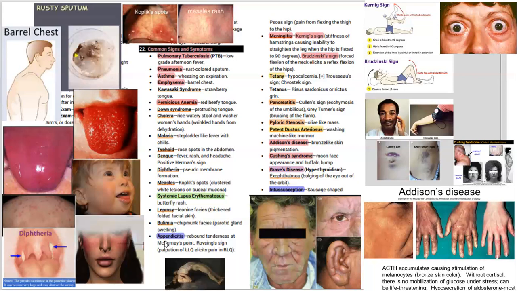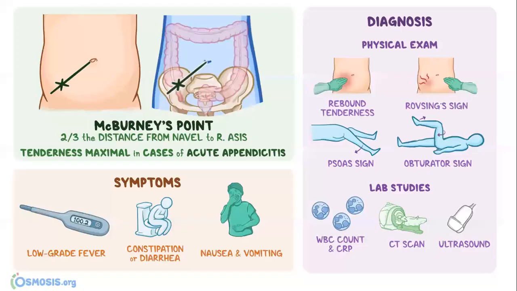Another disease is called appendicitis. Appendicitis is basically inflammation of the appendix. So if anybody has appendicitis, or inflammation of the appendix, let me show you a picture like here. So this is the appendix. You can see the picture.